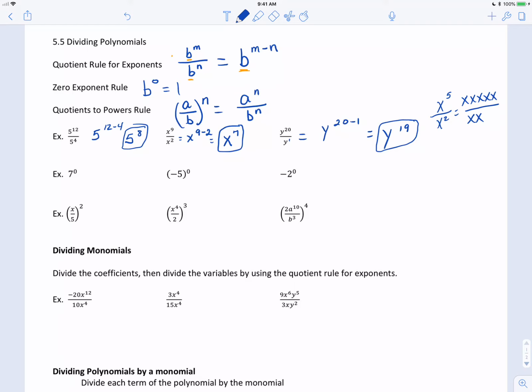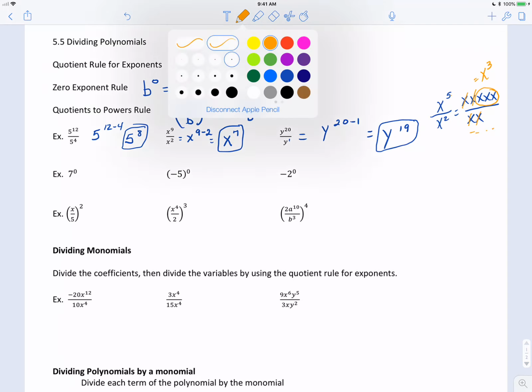Well, remember that anything over itself is always 1, so I can cancel out as many of those as I have. Well, how many do I have left? I have 3 on the top, so x to the 5 divided by x squared is 5 minus 2. Well, there's your 3, so that answer is x cubed, and that's just an explanation of it. So if you need to write some of those out to see this and do it the long way, feel free to do that.